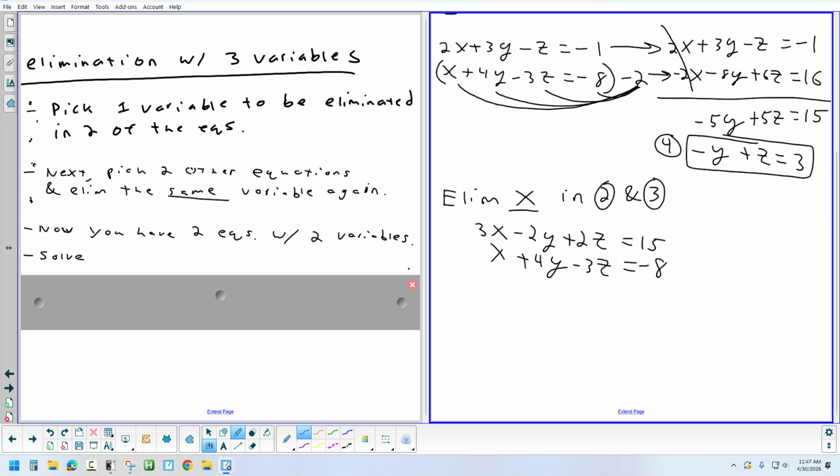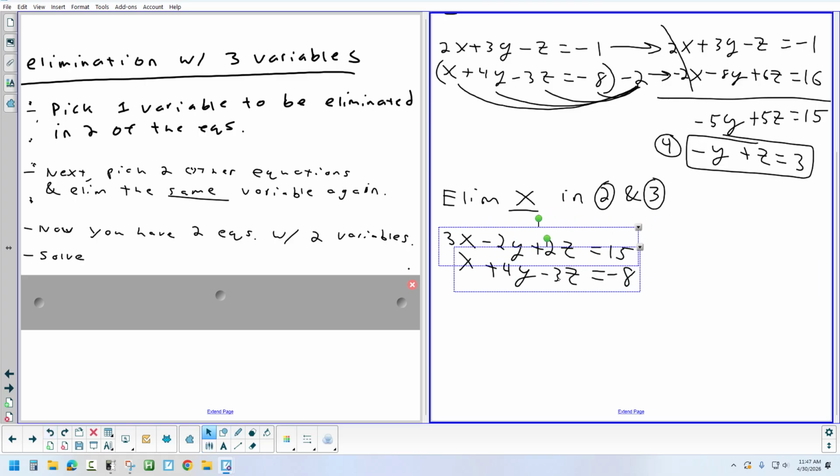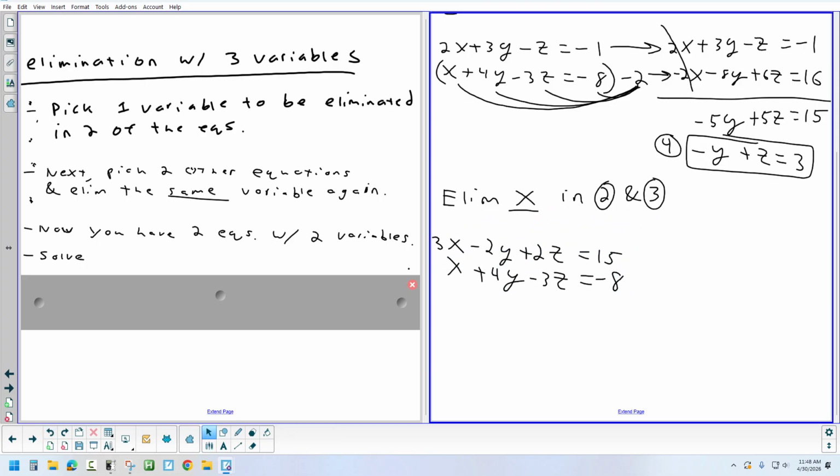Okay, and you have to eliminate x. All right, so what could we do there to eliminate x? Multiply by 3 on the bottom equation. Oh, sorry, negative 3. Negative 3, yeah. Let's multiply by negative 3. What happens to the top equation? Nothing. We just stay the same.